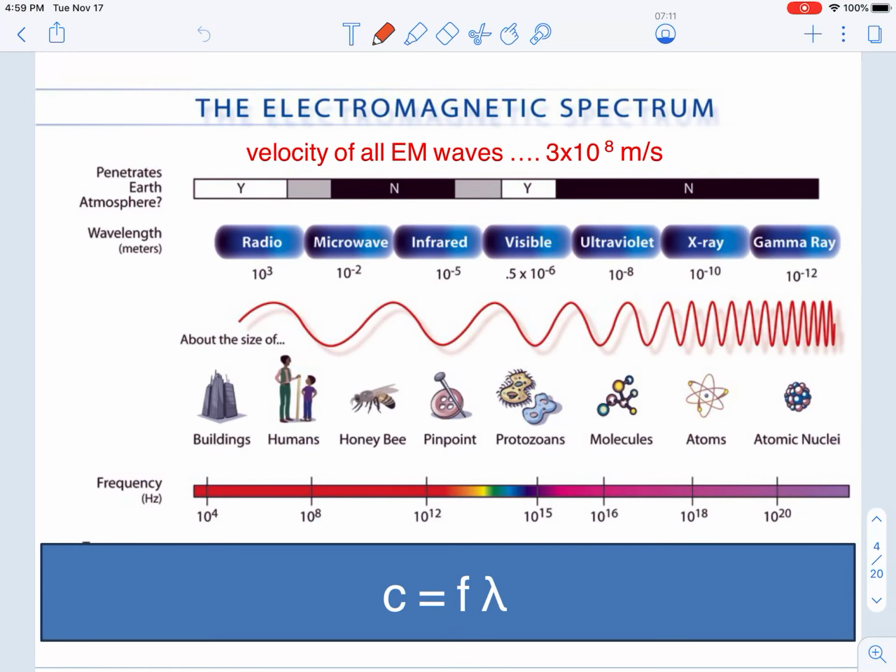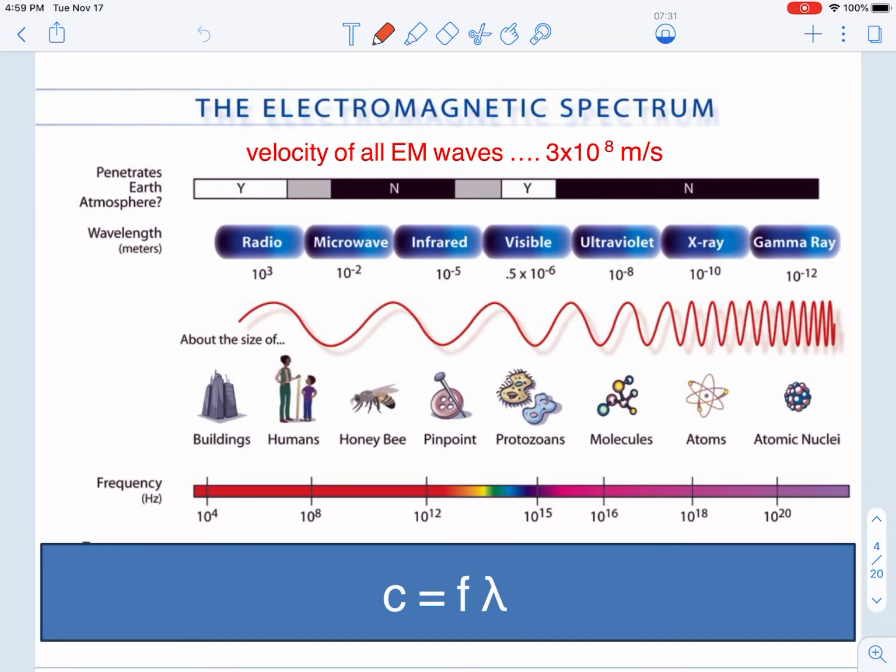So as we move across the screen, we see that our frequency increases because of the fact that those wavelengths are shorter and shorter. We also need to understand that we can interpret energy from these waves.